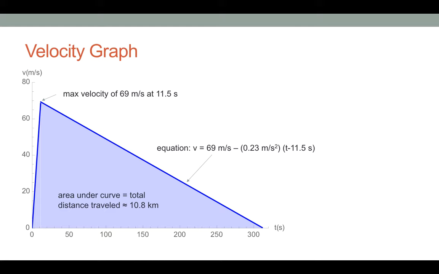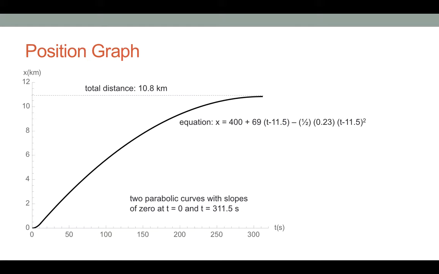Once we have these two velocity graphs, we can then sketch the position graph. Now note the position graph is always positive because it is always moving forward. This little region right here, up to technically 11.5 seconds, is a parabolic curve opened up. That's the accelerating region.